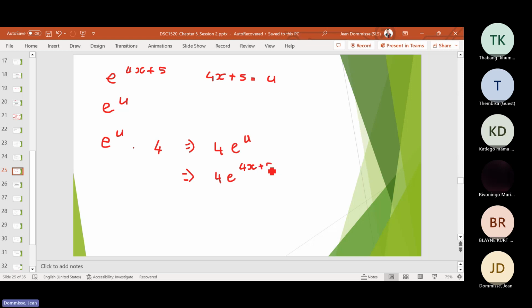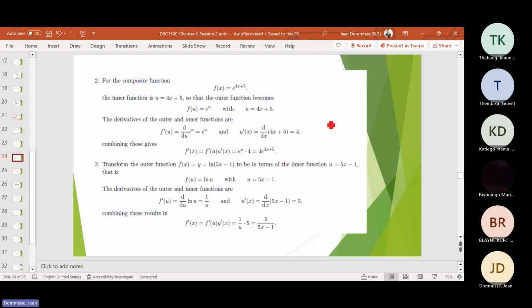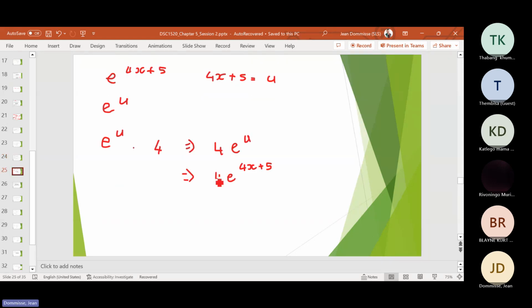I wonder if I'm missing something here, because that seems way too easy. Okay, 4e to the power of 4x plus 5. So what made this nice is that it's so important when we looked at the e function and the ln function.